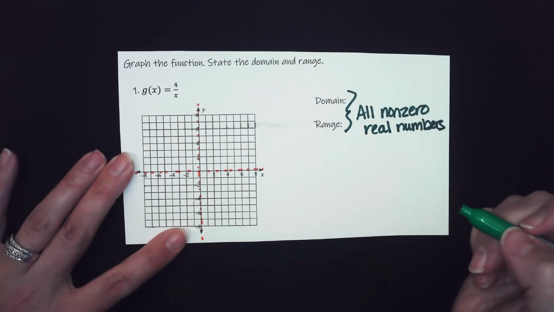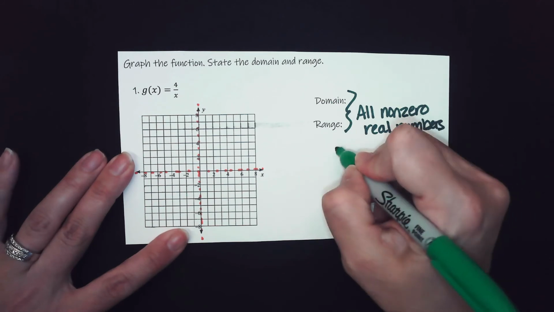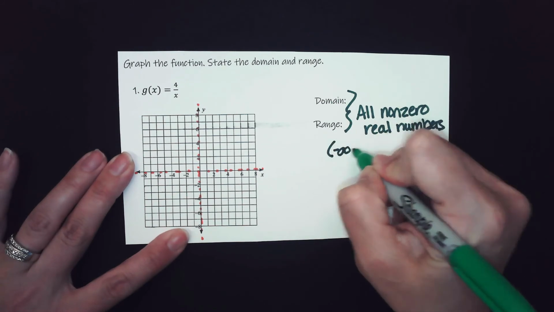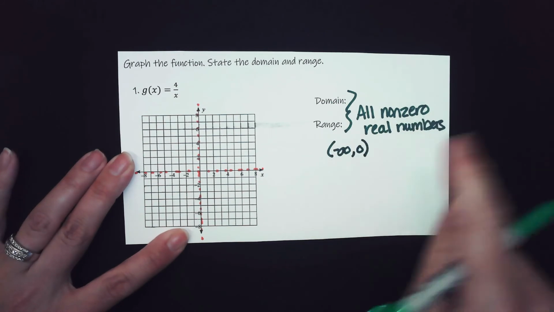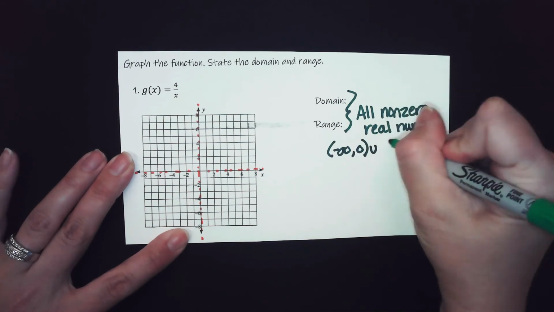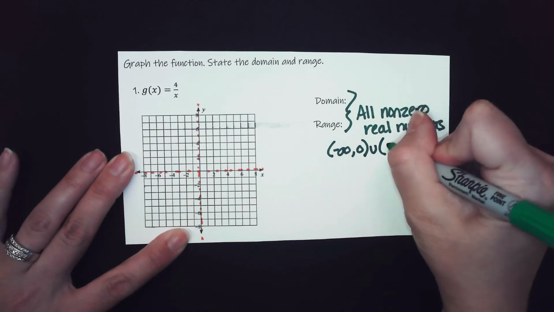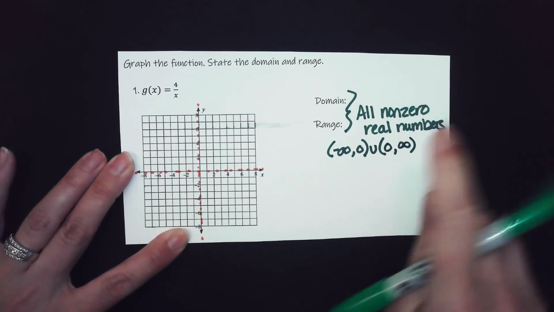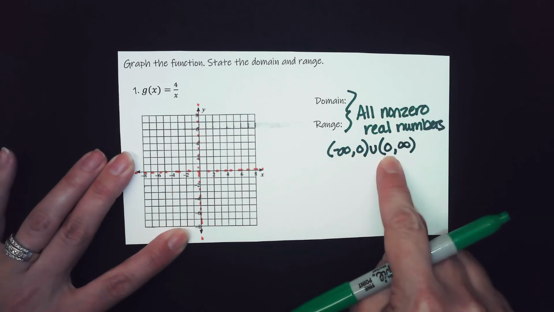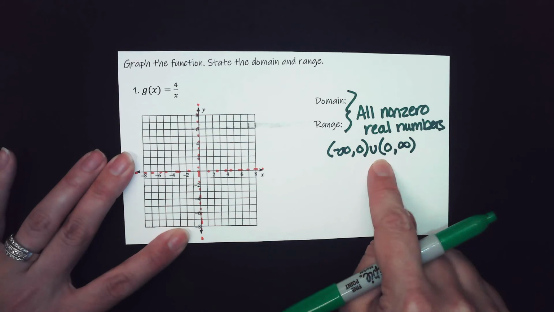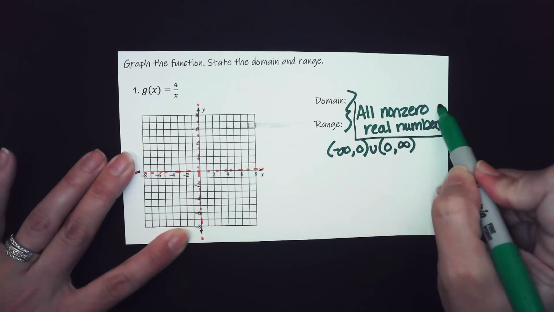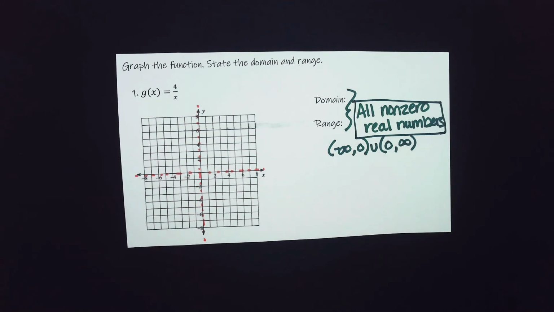If I were to write this in interval notation, we know they go from negative infinity to 0, but doesn't equal 0, so it gets parentheses. Then we put that little union symbol there, and it goes from 0 to infinity, not equaling 0. That means 0 is in between these, and it doesn't equal those. This is how Big Ideas will have it. But let's work on getting the rest of our graph there.